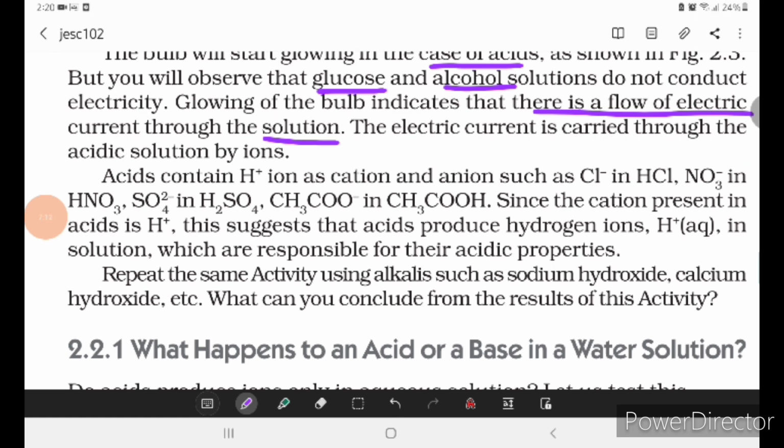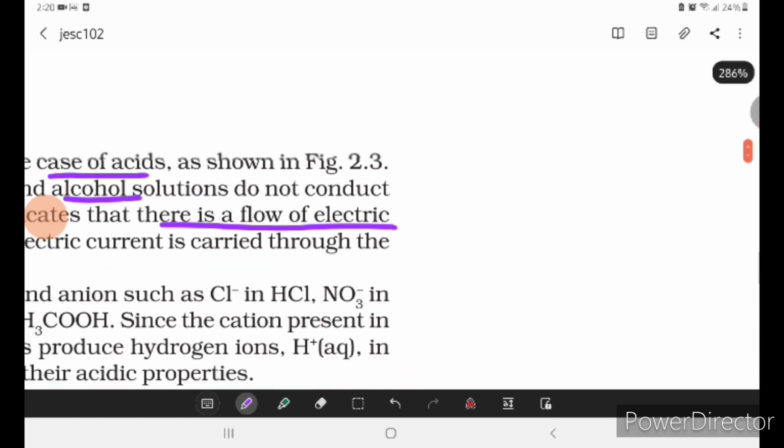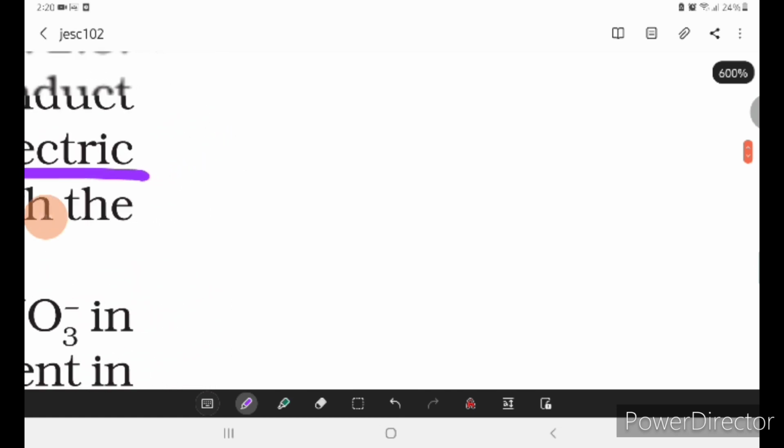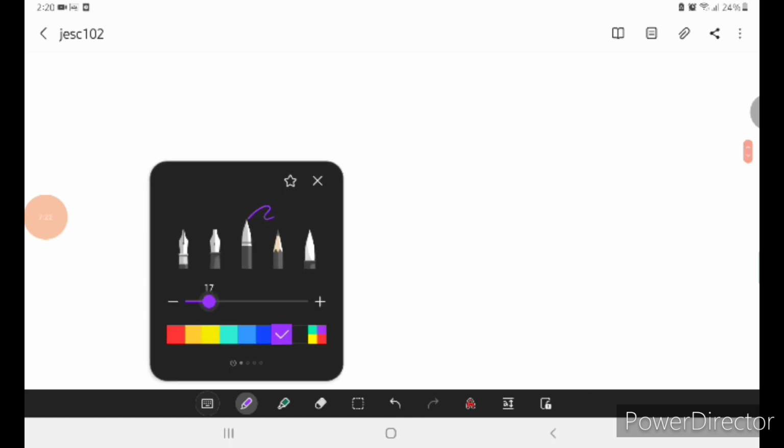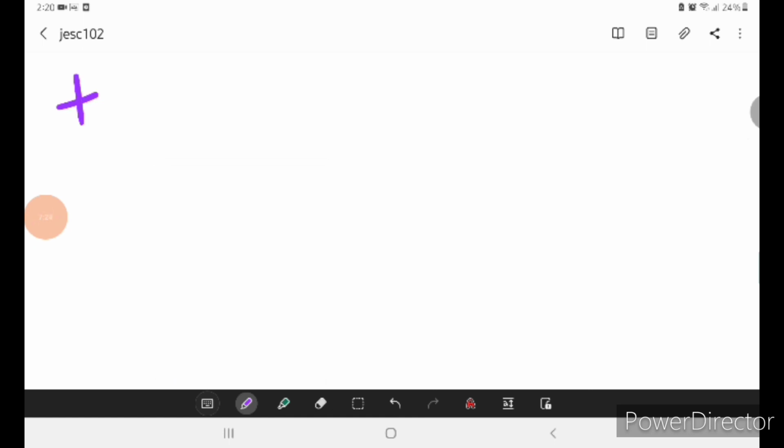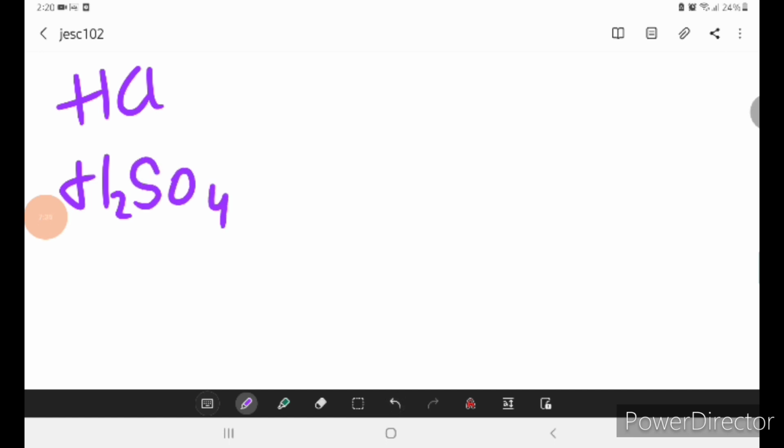So, in acidic solutions, we have ions. What are the examples that we have chosen to perform this activity? We have chosen dilute hydrochloric acid and dilute sulfuric acid, H2SO4, which is a strong acid.